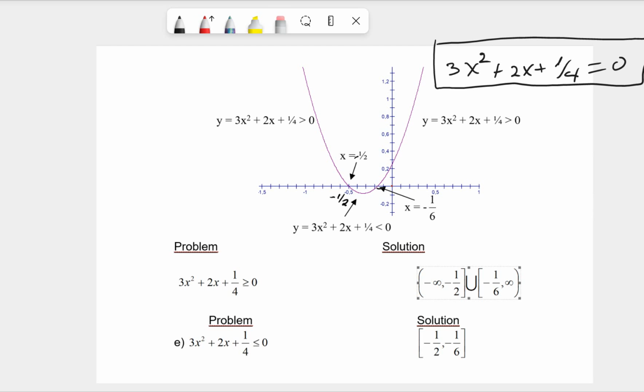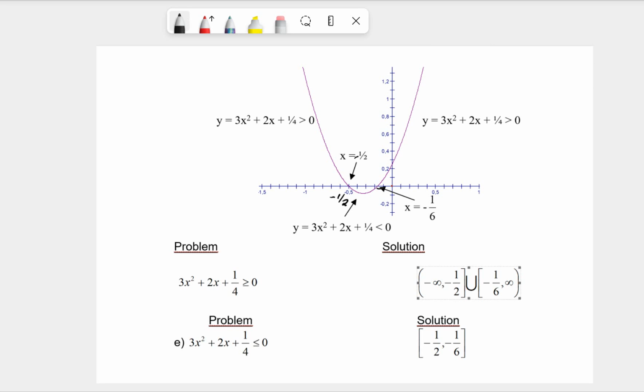At this moment we can solve the problem, because if you want to find for which x this inequality is greater than 0, which is the y, all the points over here are such that y is greater than 0.